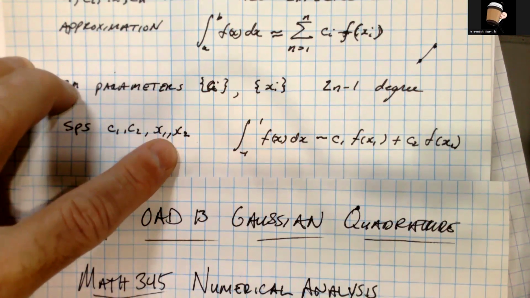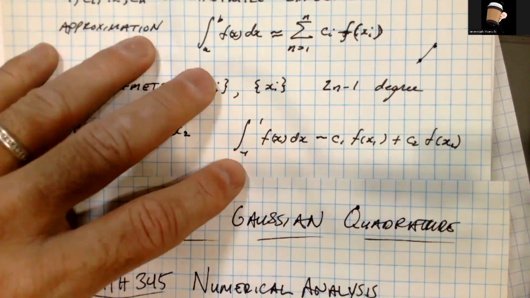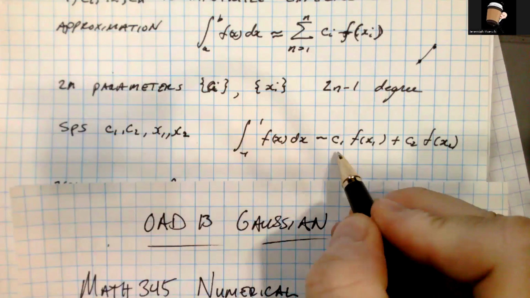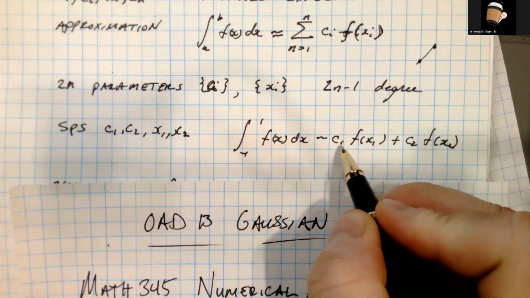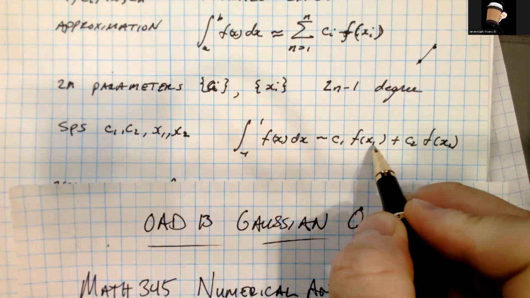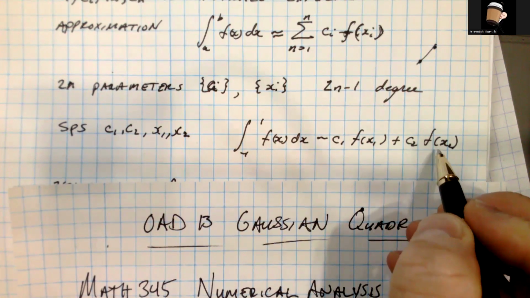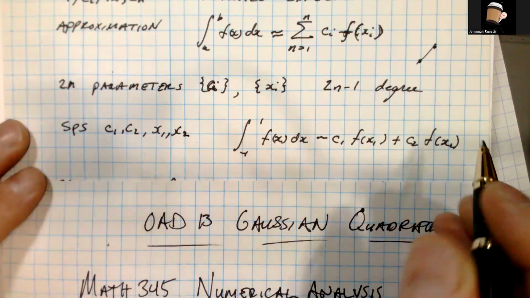Two nodes. We want to approximate the integral from -1 to 1 of f of x dx. Well, that's approximately equal to the first coefficient times the evaluation of the function at the first node plus the second coefficient times the evaluation of the function at the second node.